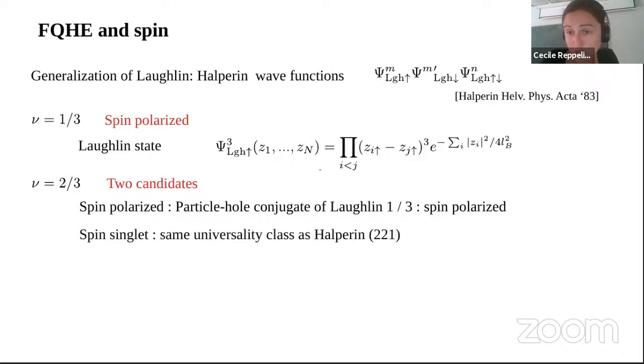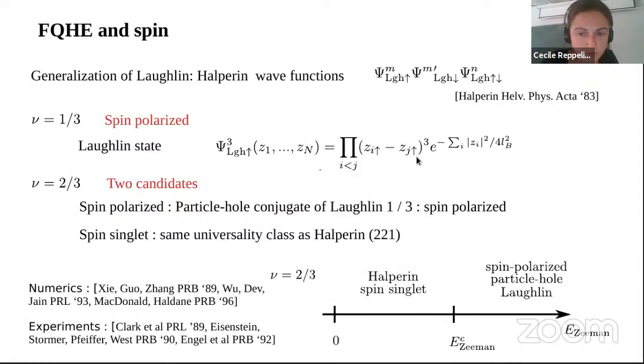But you have another candidate, and this candidate is a spin singlet. It's not directly written as a Halperin wave function, but it's in the same universality class as the Halperin 2-2-1, meaning factor 2 and 2 for spin up and spin down, and factor 1 for the coupling between the two.